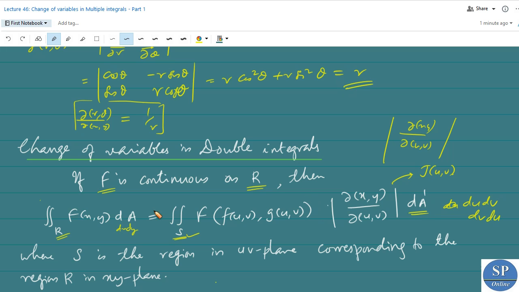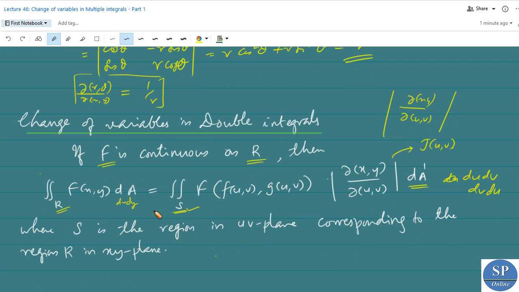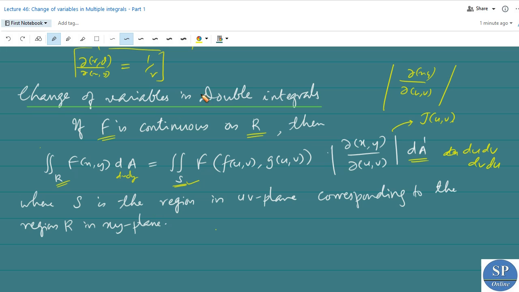Changing of the double integrals into polar coordinates is an example of the change of variables in double integrals. Okay, because we have a conversion of the rectangular coordinates (x, y) into the polar coordinates (r, theta) by x equal to r cos theta and y equal to r sin theta. And we already discussed here that the Jacobian dou of (x, y) divided by dou of (r, theta) is nothing but r.